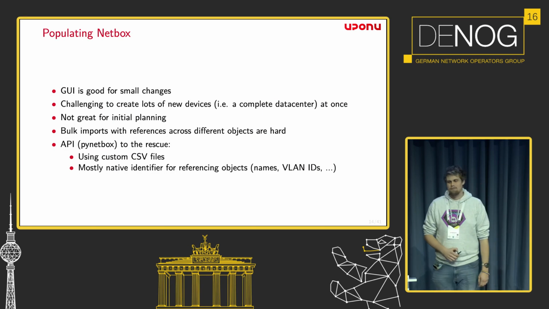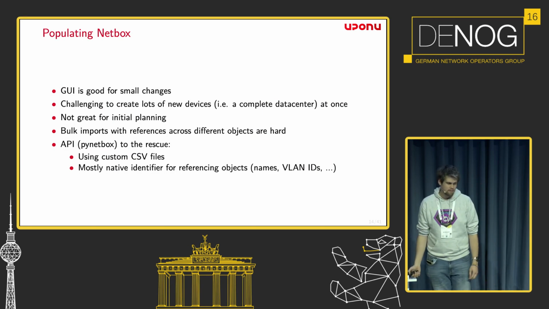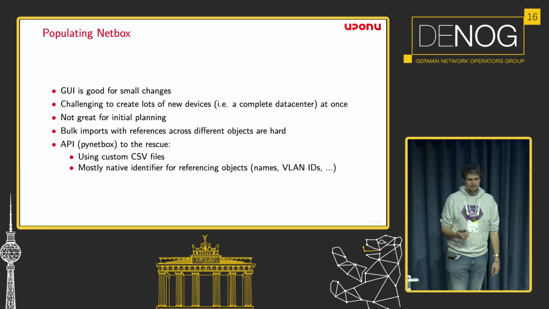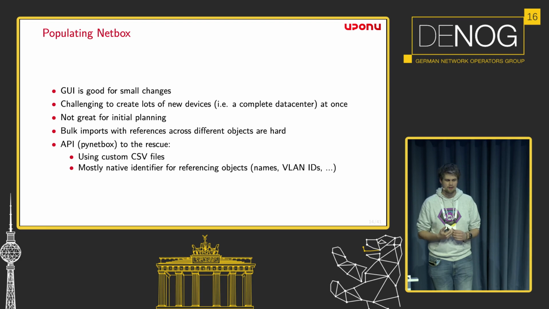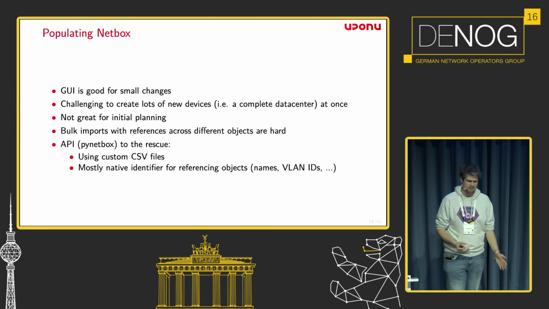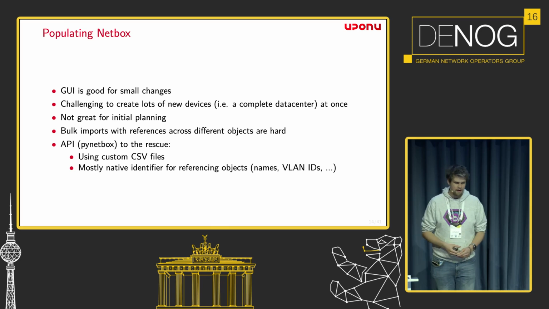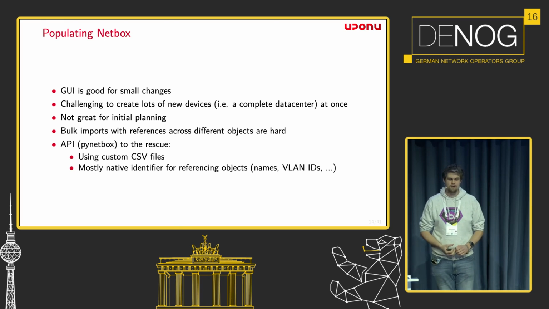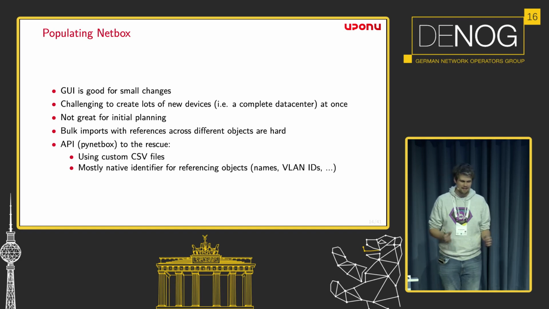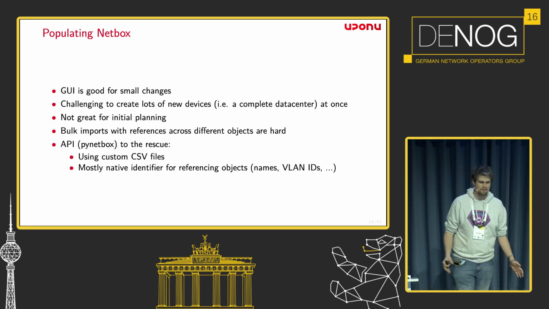One problem in Netbox is how to populate it, because the user interface is very good for small changes, but if you make lots of changes, it's a little bit slow. You have to do it multiple times on different parts in Netbox. So it's not a great tool for initial planning, and very challenging if you have to create lots of devices, like in our case, where we would like to deploy a complete new data center.